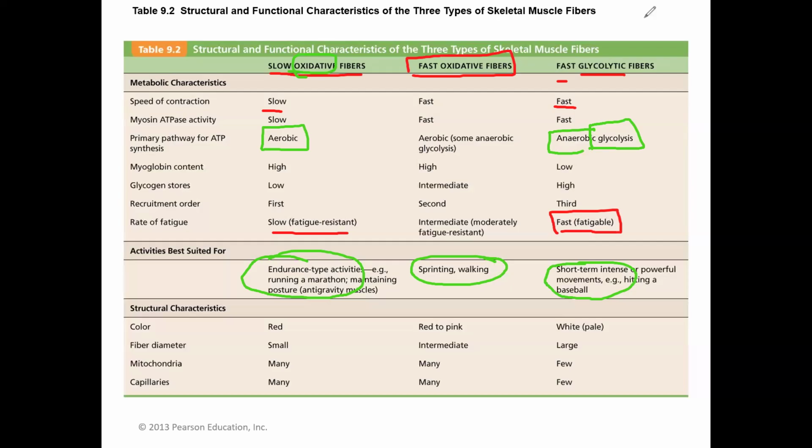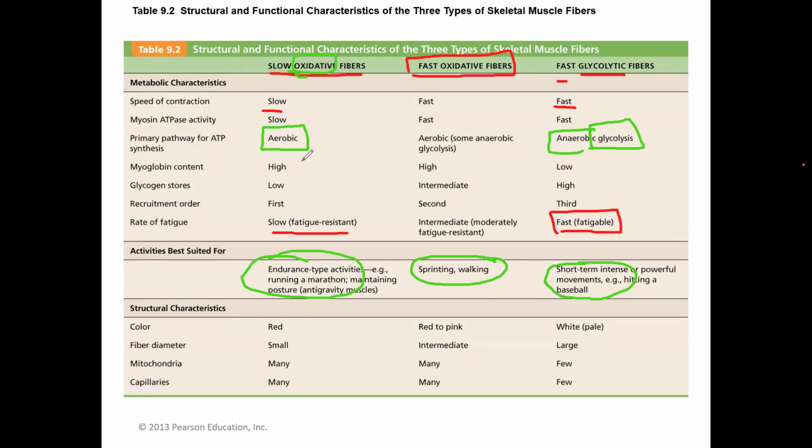Okay, myoglobin. Myoglobin is a protein pigment similar to hemoglobin in that it can hold oxygen reserves for muscle in times when it needs to make ATP. So myoglobin, if you find more of it in a muscle, gives the appearance of red.